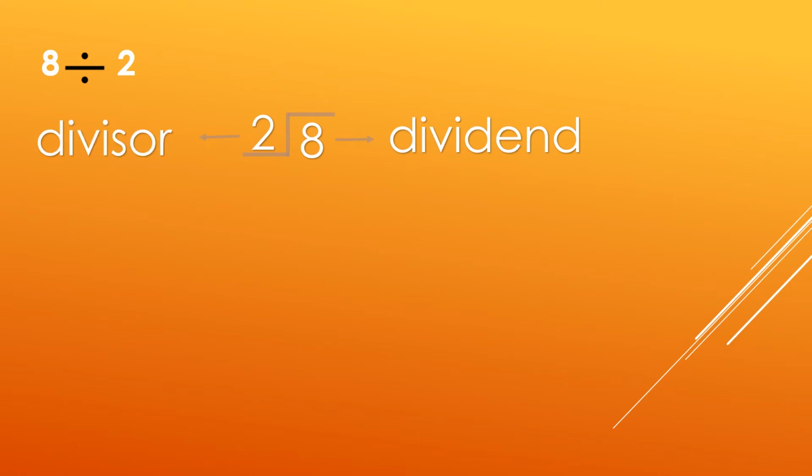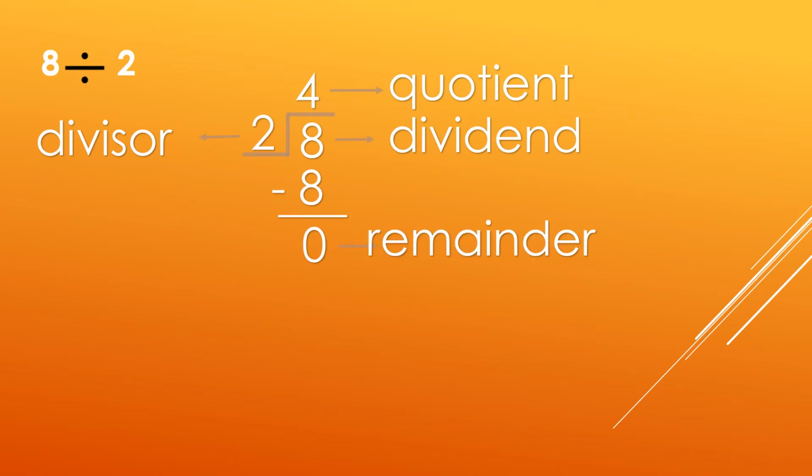When you tell your 2 times table and reach till 8, the answer is 4. Okay, 2 ones are 2, 2 twos are 4, 2 threes are 6 and 2 fours are 8. So 4 is the quotient. So 4 twos are 8. You subtract it and you get the answer as 0, which is the remainder.